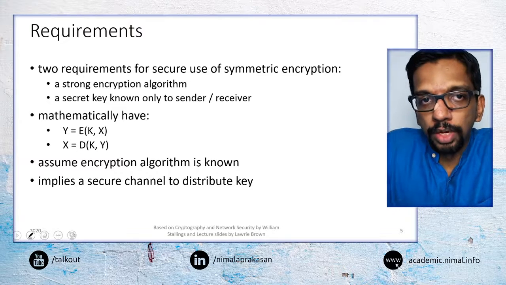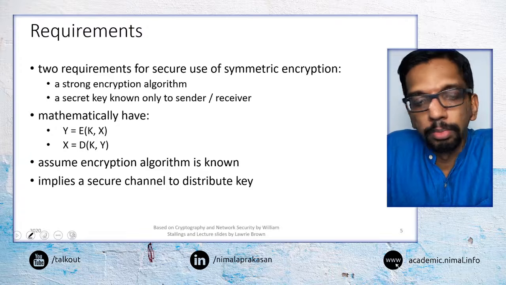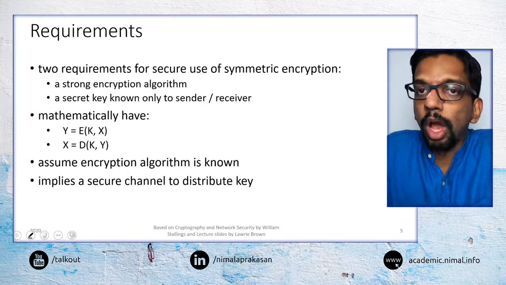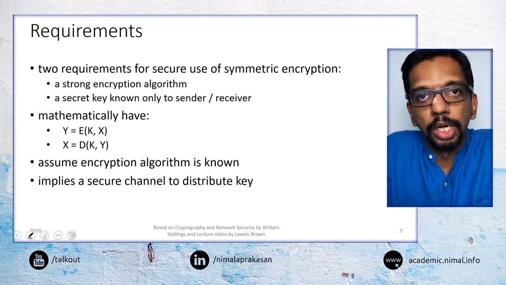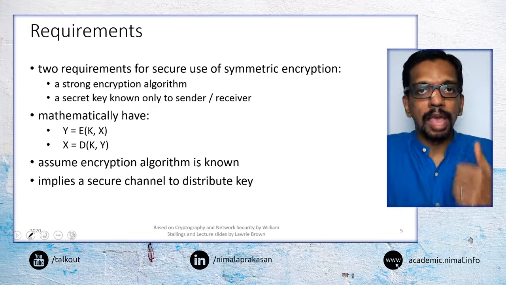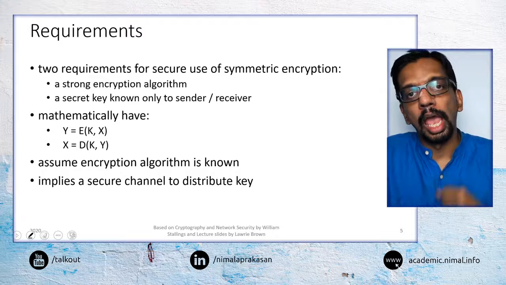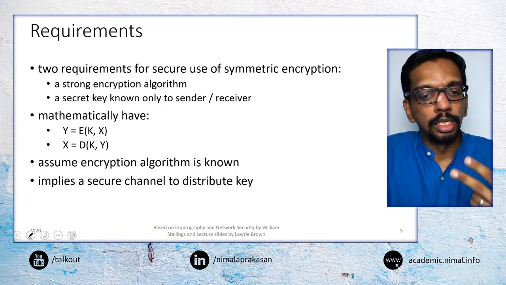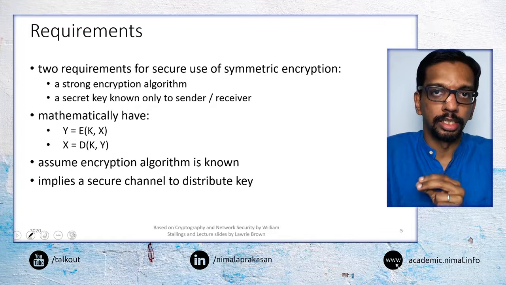Then when we think further about symmetric key encryption, there are two main requirements to use a secure symmetric key encryption model. The first one is having a strong encryption algorithm, and then having a secret key that is only known to the sender and the receiver.